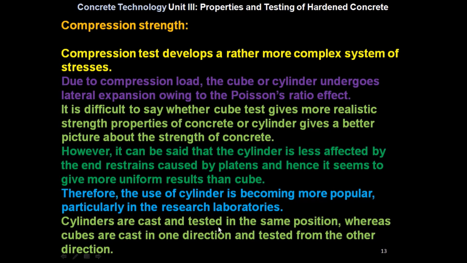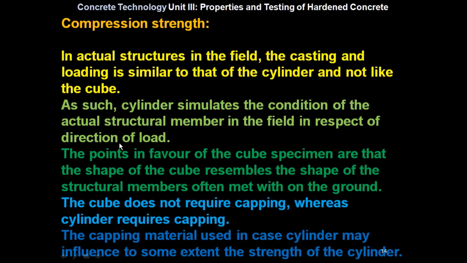Cylinders are cast and tested in the same position, whereas cubes are cast in one direction and tested from the other direction. In actual structures in the field, the casting and loading is similar to that of the cylinder and not like the cube. As such, the cylinder simulates the condition of the actual structural member in the field in respect of the direction of load.